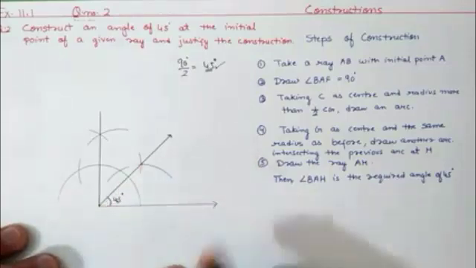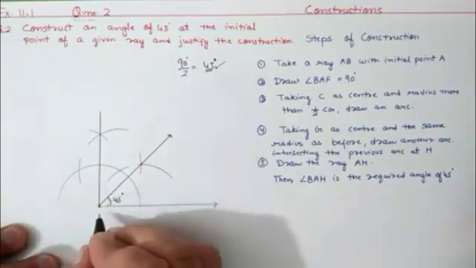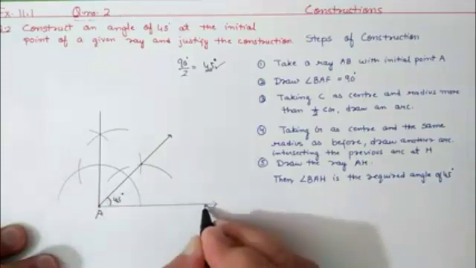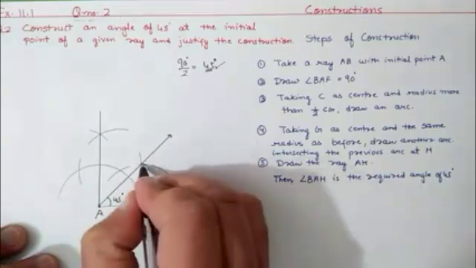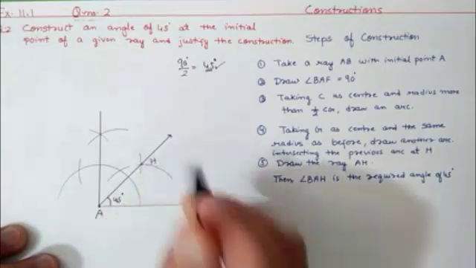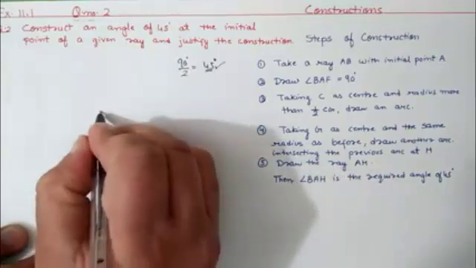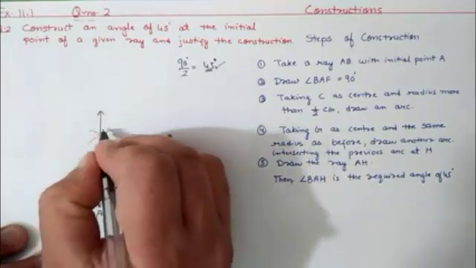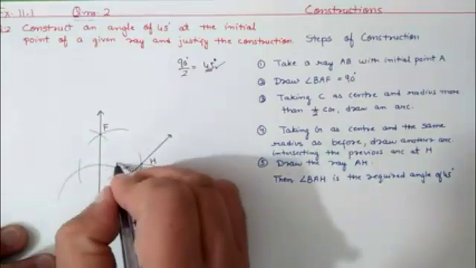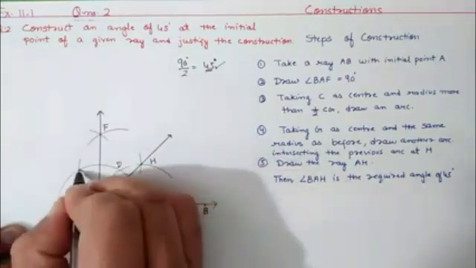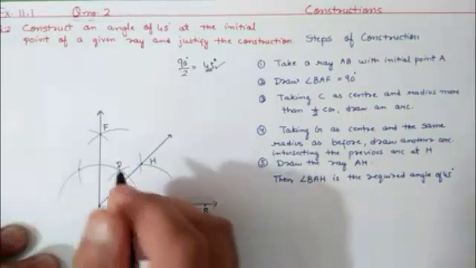For that, we have the steps of construction also. Draw ray AB, initial point A. So first from initial A to B we have one ray, and after that, the 45 degree point we will label H. For 90 degree we will write one point, that is F. For 60 degree and 120 degree also we can give points over there.